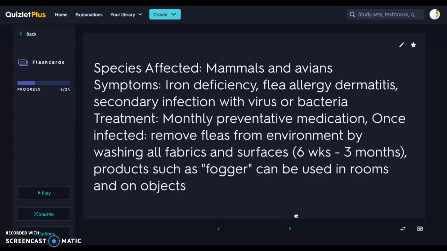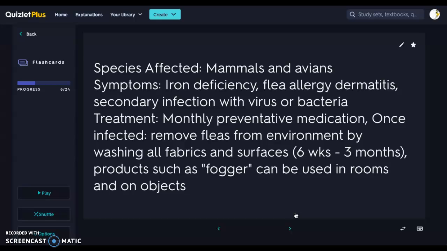This could be from the flea tapeworm, from ingesting the flea itself and having that tapeworm egg inside of it, or it can have different viruses and things that when it's biting, then it can transmit. So treatments, you are going to do monthly preventative medication. Once it's infected, then you are going to remove the fleas from the environment by washing all the fabrics and surfaces.